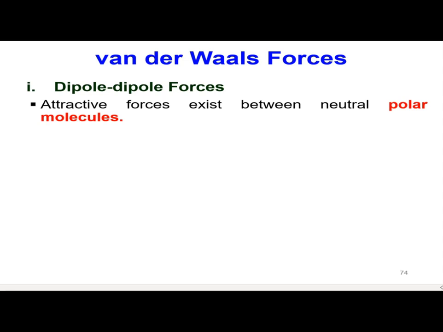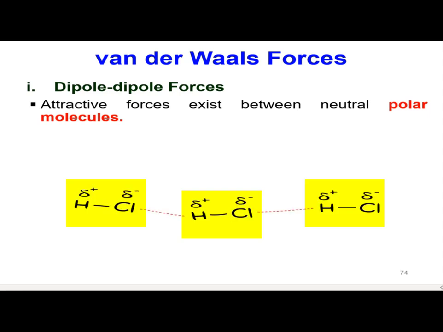For example, hydrogen chloride molecule is a polar molecule. Chlorine is more electronegative than hydrogen. Therefore, we have hydrogen with partial positive charge at one end and chlorine with partial negative charge on the other end of the molecule.